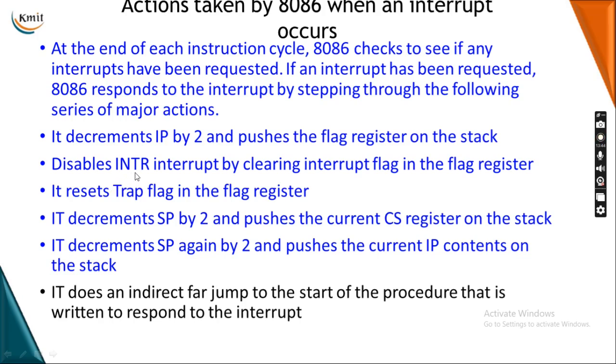It disables interrupt requests by clearing the interrupt flag and trap flag. It decrements SP by 2 and pushes the current CS register onto the stack. It decrements SP again by 2 and pushes the current IP contents onto the stack. So when an interrupt occurs, it stops execution and takes these steps. Then it does an indirect far jump to the start of the procedure written to respond to the interrupt.